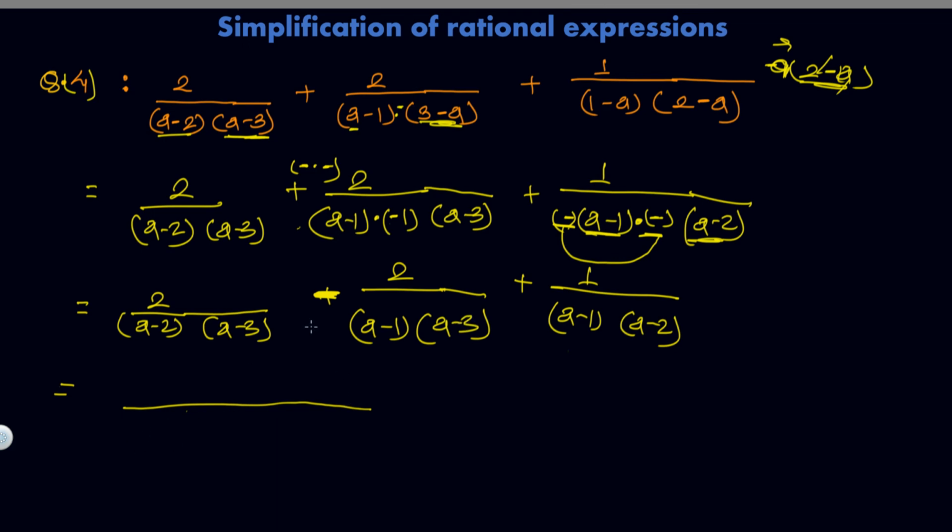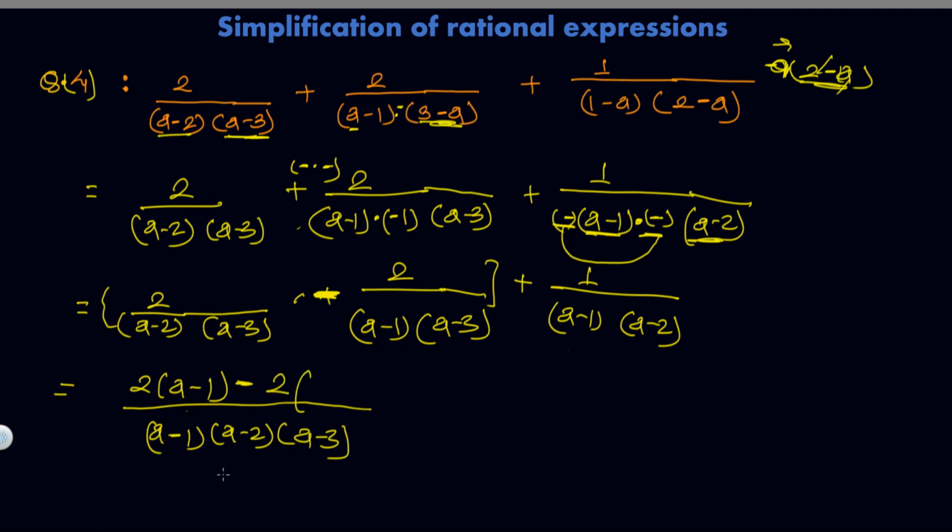So if I take these 2 terms first, I would have the LCM as a minus 1, a minus 2, and a minus 3. If I divide the LCM by this denominator, a minus 2 is gone, a minus 3 is gone, so a minus 1, so 2 times a minus 1. Similarly, let me write this negative sign as it is over here, negative. I have 2 over there. Let me find the multiple.